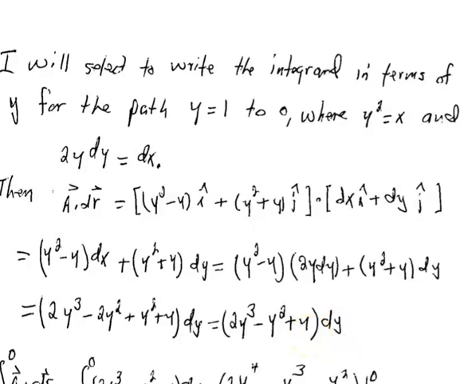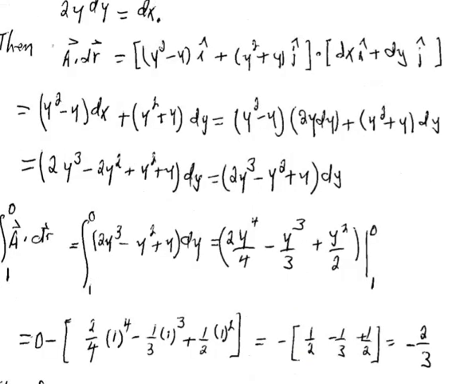I say again, I could have chosen to write this in terms of the x variable and integrate, with everything favored with dx, but I chose dy. So now I have it to integrate from 1 back to 0 of this functional form, and that's a standard power law integral that we can do.